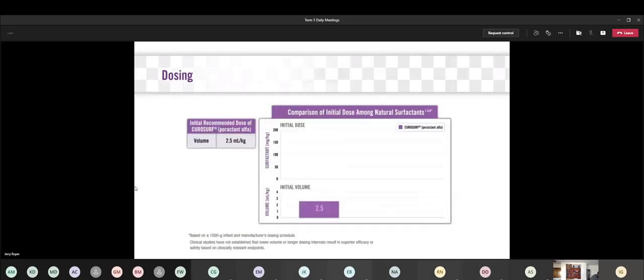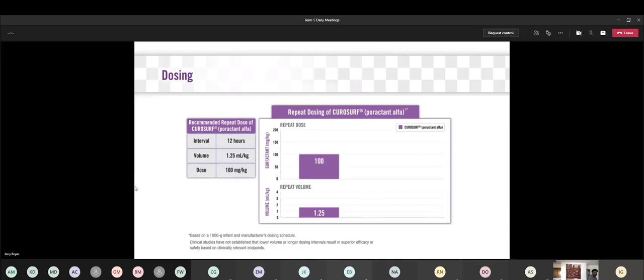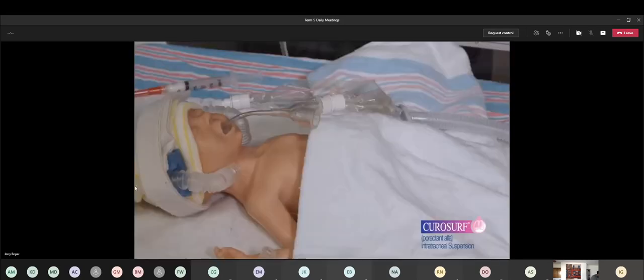The initial recommended dose of CuraSurf is 2.5 milliliters per kilogram of birth weight, or 200 milligrams per kilogram. If necessary, repeat doses of CuraSurf should be administered at 1.25 milliliters per kilogram of birth weight, or 100 milligrams per kilogram, half the initial dose, at approximately 12-hour intervals.